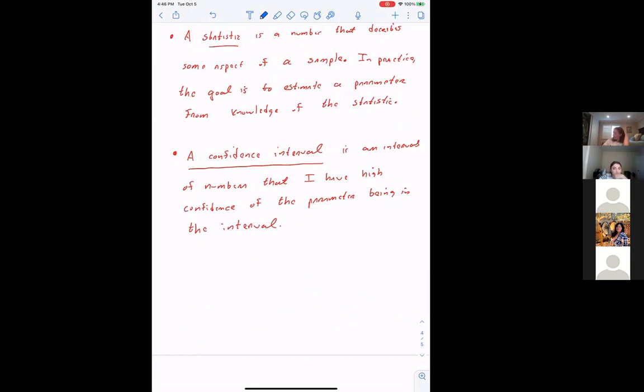So we will use the Greek letter mu to denote the population average, and X bar to denote the sample average.